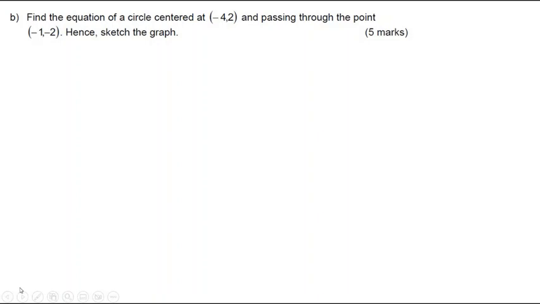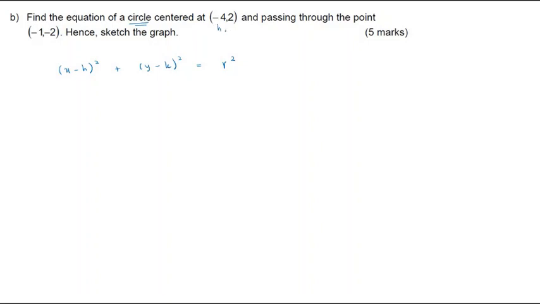Question 4b. Find the equation of a circle centered at (-4, 2) and passing through the point (-1, -2). Hence, sketch the graph. The general form equation of a circle is (x minus h) square plus (y minus k) square equal r square, where (h, k) is the coordinate of the center.